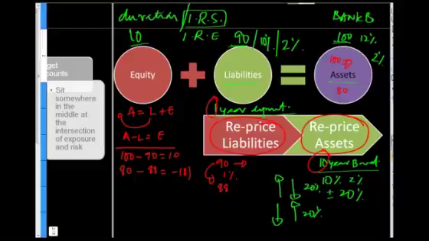So in short, what you've just seen is a very simple, very quick, very brief application of ALM. And in this application, the focus has been on what we call interest rate mismatch.